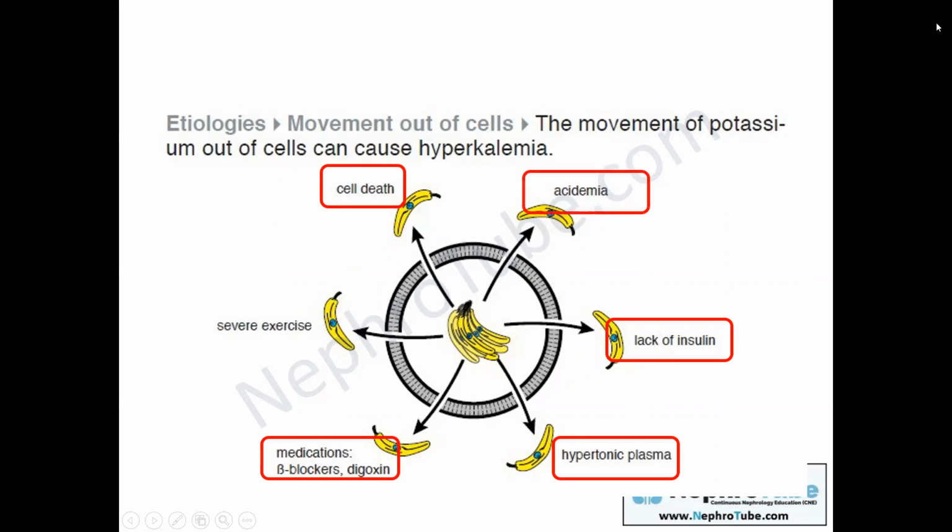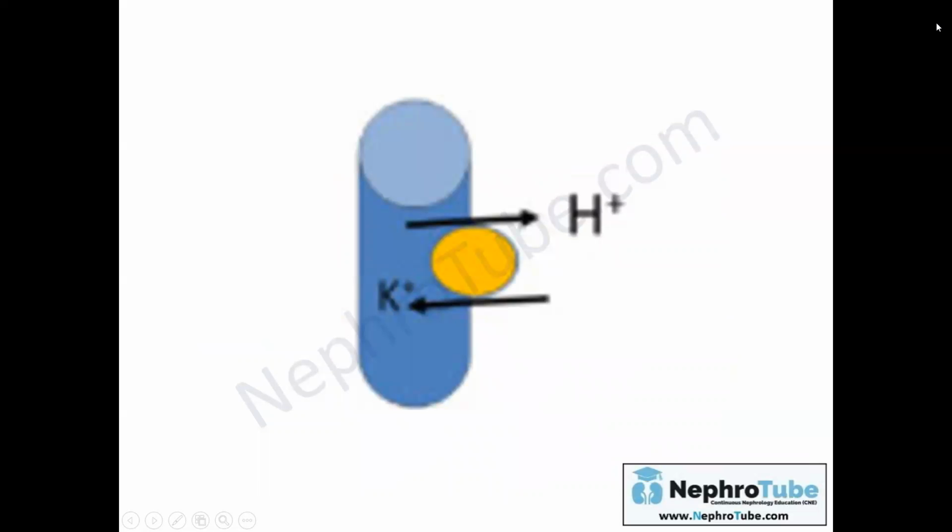Regarding acidemia, whatever the cause, or severe acidemia secondary to severe exercise, one of the compensatory mechanisms of the body in cases of acidosis, to decrease the acid level in the blood, is an exchange between hydrogen and potassium.